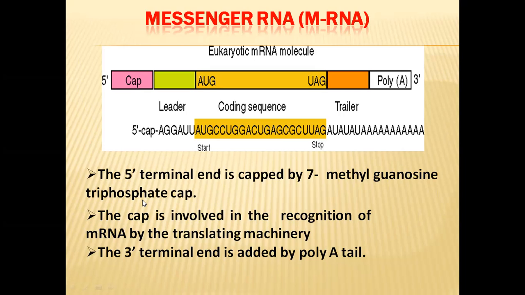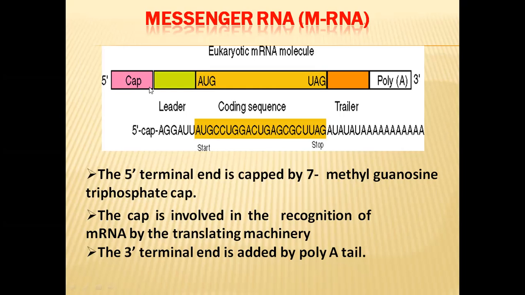So a methyl guanosine triphosphate molecule will be added at the 5' end of the mRNA. And at the 3' end of each mRNA, a poly A tail: many nucleotides which have adenine in them. So many adenylate nucleotides will be added at the 3' end.